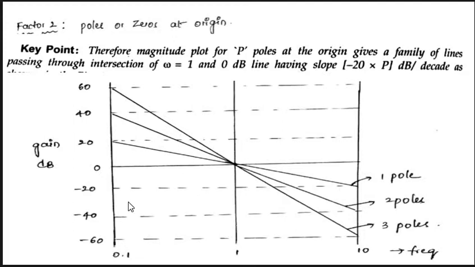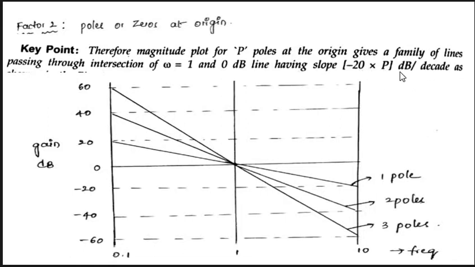So this is the formula for drawing the magnitude plot for a pole. The magnitude plot for p poles at the origin: initially we discuss the poles, after that we go for the zeros. P poles at the origin give a family of lines passing through the intersection of omega equal to 1 and the 0 dB line, having the slope minus 20 into p dB per decade.